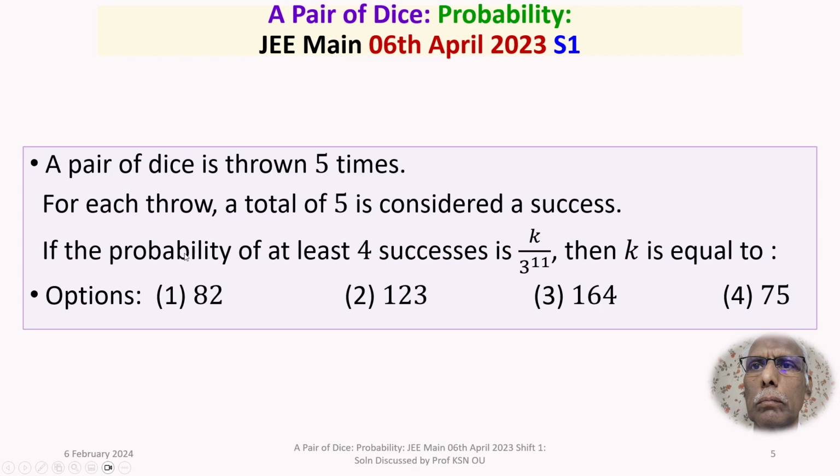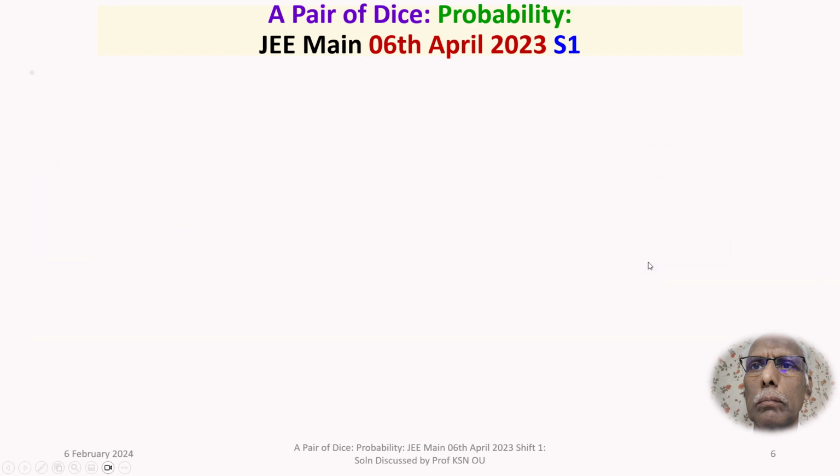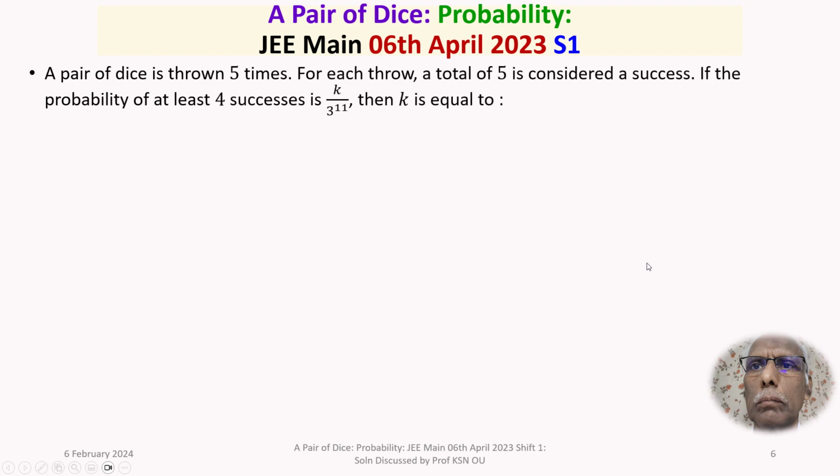And you are given the probability of at least 4 successes as k by 3 power 11. You are asked to get the value of k. We now discuss the solution of the problem in detail.